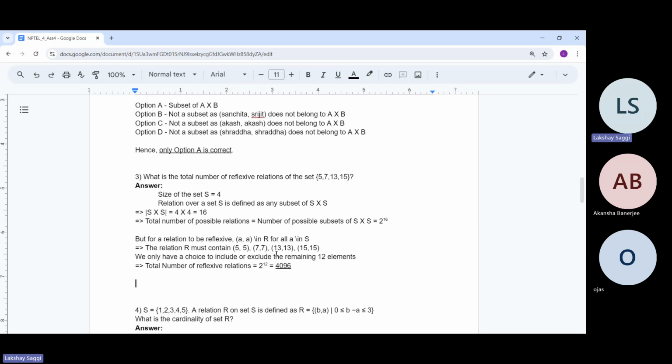So yeah. Now suppose, I'd like to twist the question a little bit. Instead of the total number of reflexive relations over the set, what if we were asked the total number of, let's say, symmetric relations?